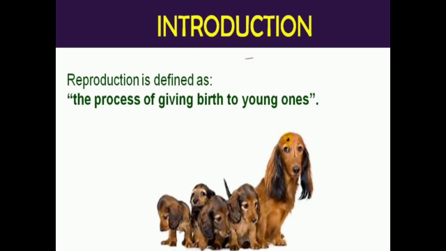Why? For the maintenance of body design features. Then only the body design features will be maintained, and that will allow the organism to use that particular niche. So reproduction is therefore linked to the stability of populations of species.